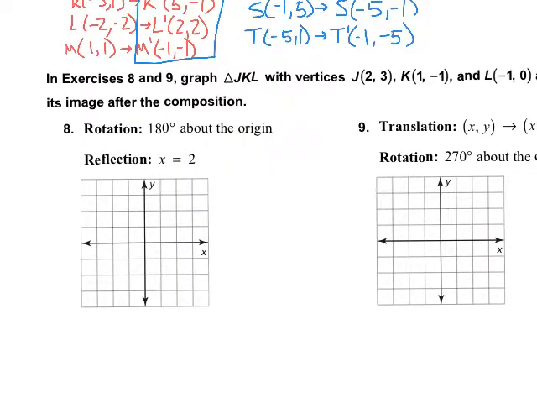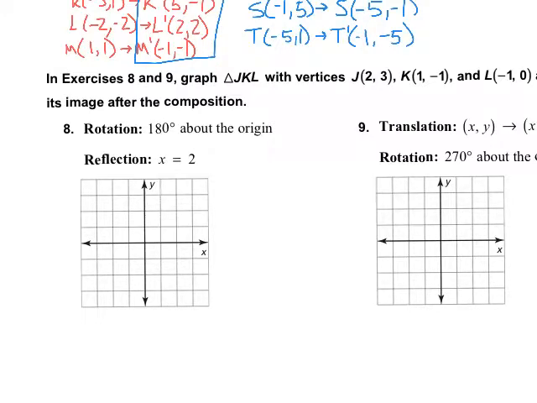Okay, last but not least, we just need to look at number 8, where we have two different transformations happening at once. Okay, so I'm going to take my J, K, and L. I'm going to make the new rotations 180 degrees, and then I'm going to do the reflection.